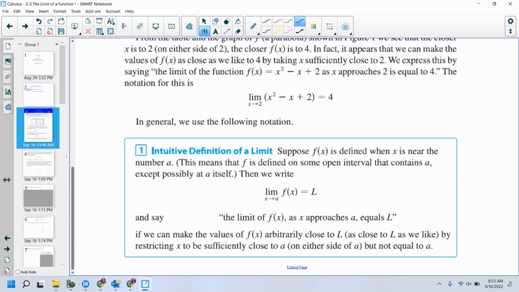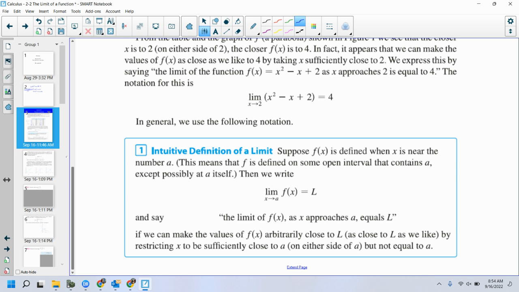Did I say that f of x needed to be defined at a? No. I only said that f of x needs to be defined near a. This means that f is defined on some open interval that contains a, except possibly a itself. Like, it doesn't need to be defined at that value. It just needs to be defined around, near a.